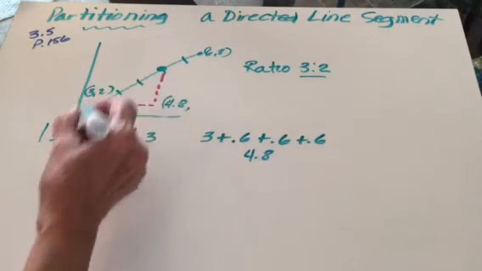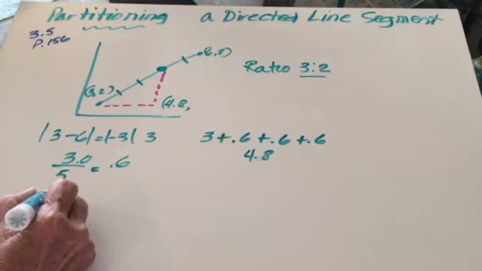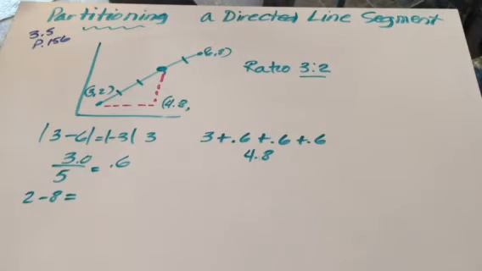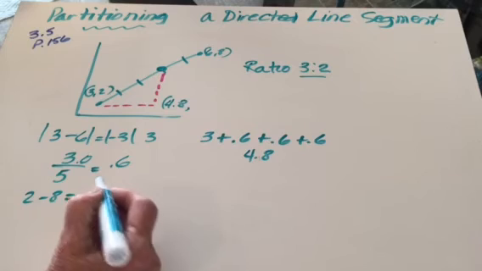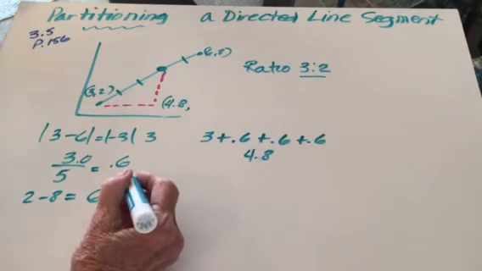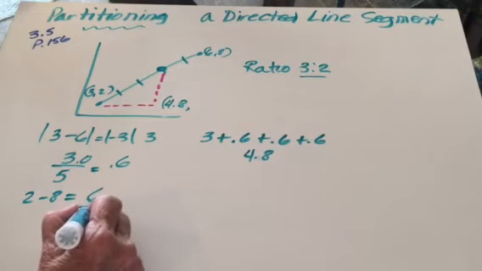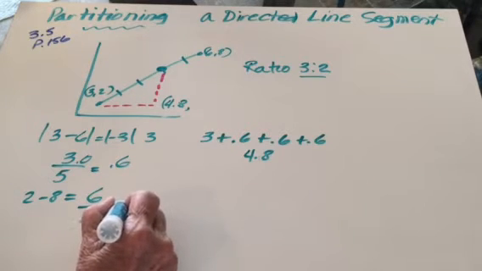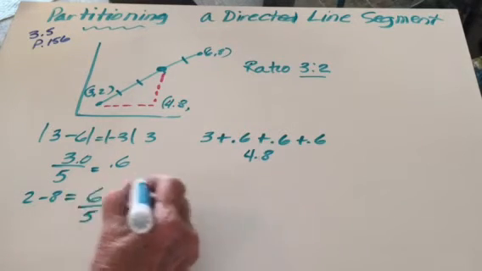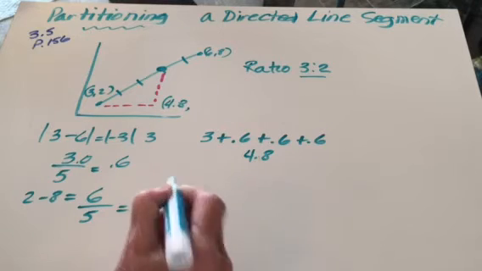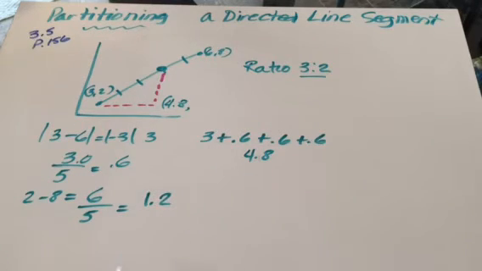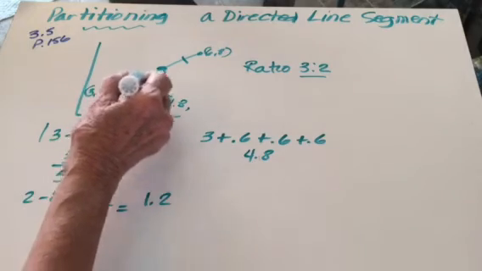All right, now let's do the Y number. We're starting with 2. We go all the way up to 8. What is that absolute value? Again, it's going to be 6. But now I'm going to be dividing 6 divided by 5, and that's going to be 1.2. So each little section, I have to add 1.2.